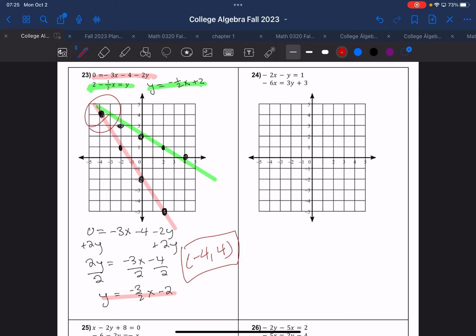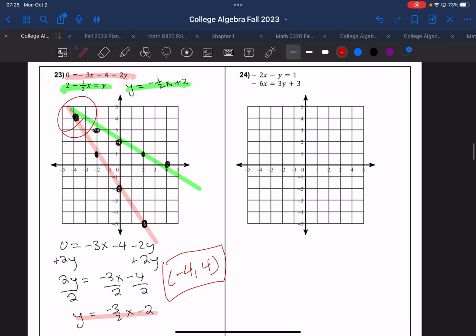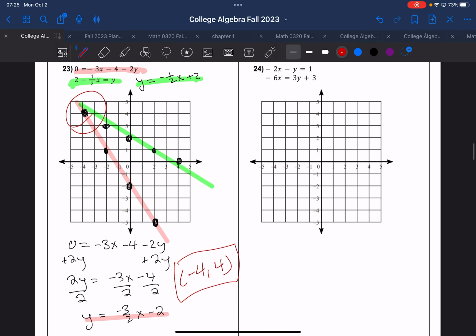So looking at 24, the first step we still have to do is put this in y equals mx plus b form. Okay, so looking at the top equation, we have negative 2x minus y equals 1. How would we get this to have y by itself?